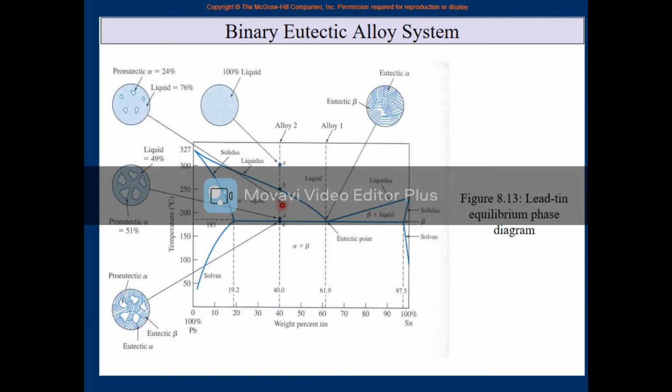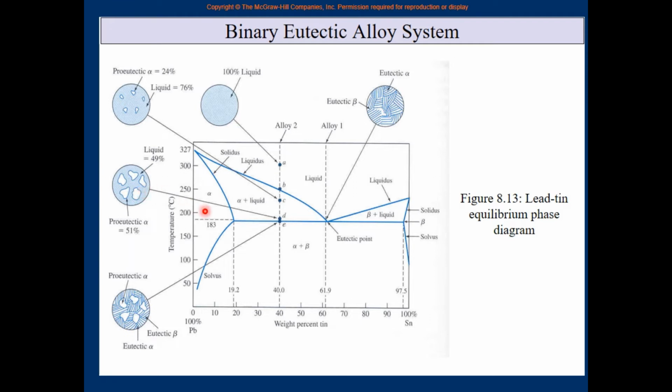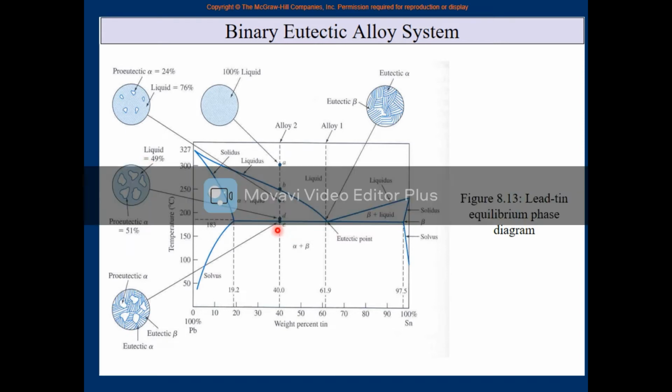Once you go to C, those dots have become larger, right? Because this was alpha, so all of that has become larger. So you still show that this is alpha and the rest is liquid. Similarly, when you go to D, you have made this even larger. Once you touch the eutectic line, it is very critical.